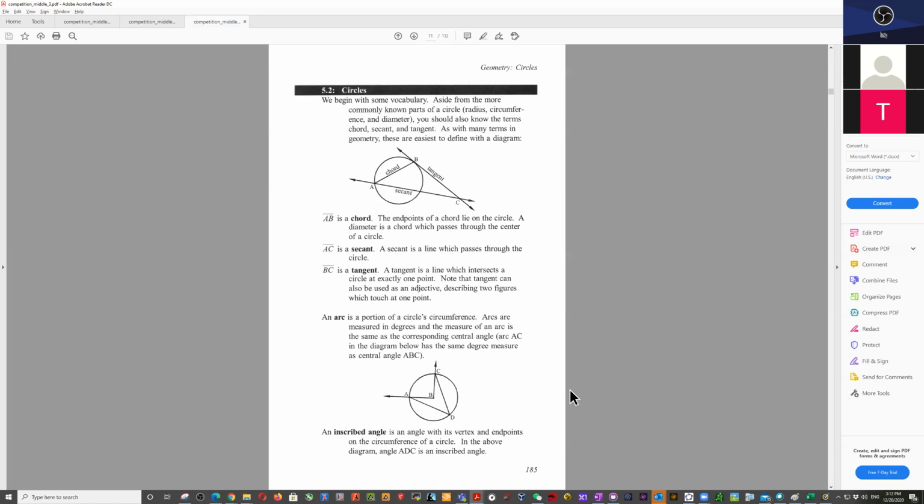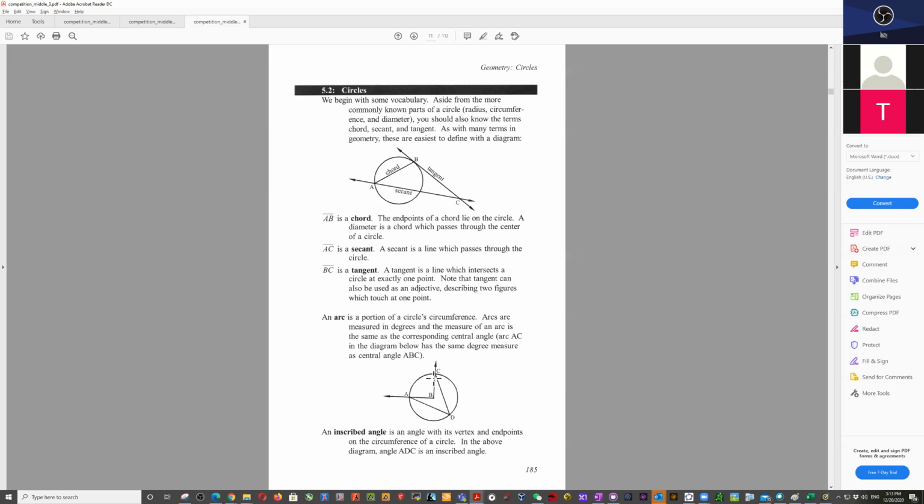So people measure arc by the angle, because the size of the arc is proportional to the size of the central angle it's facing.